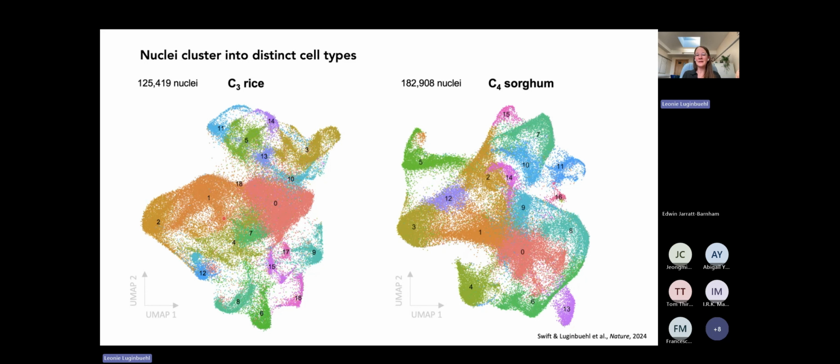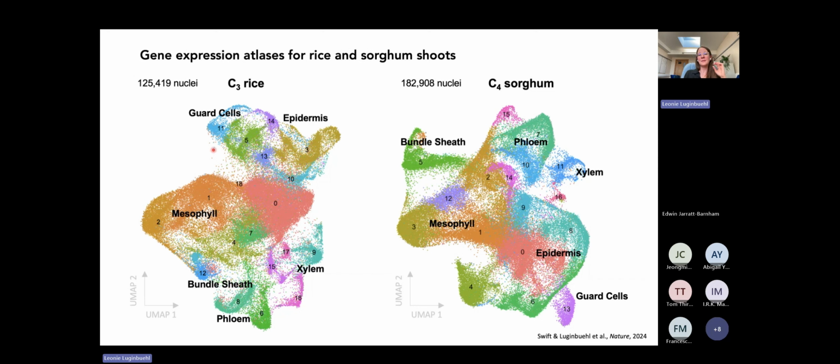So we can annotate the clusters to these different cell types and figure out where each nucleus is coming from, what cell type it belonged to. And for that, we can use certain genes that we know should be expressed in each cell type. So in this way, we were able to create gene expression atlases for rice and sorghum shoots.